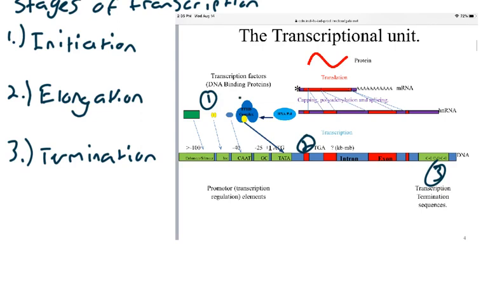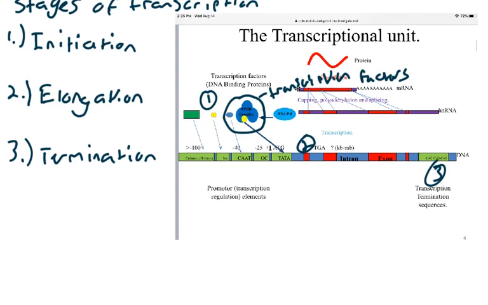We need transcription factors. Essentially, they're just proteins that have to exist in the nucleus to recruit and help RNA polymerase find the promoter region or the promoter sequence within a given set of genes that we want to transcribe.